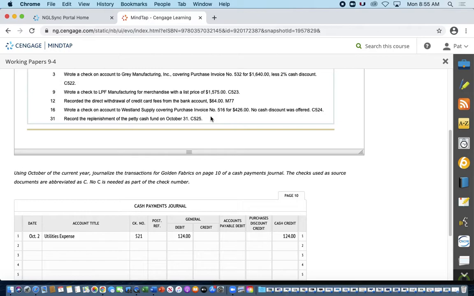This is our accounts payable bill that we owe. So then we subtract the $32.80. And what do you get? $1,607.20.